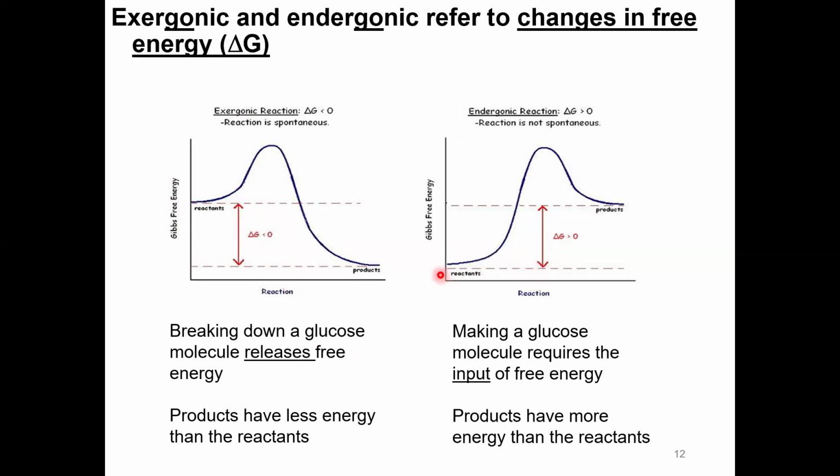But with endergonic ones, it requires more energy, so the products end up having more energy than the reactants. So just keep in mind the differences between the two types of reactions that we can have here.